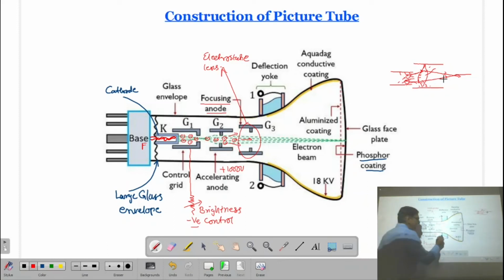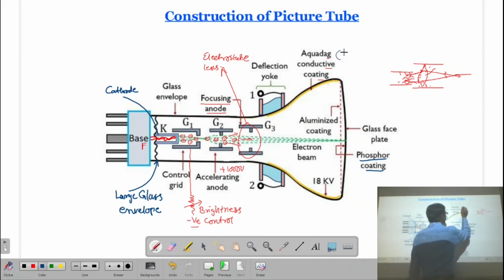Once a sharp electron beam is generated, then on the picture tube, you can see there is a coating. It is an aquadag conductive coating, and this is known as the final anode. To this final anode, we apply 18,000 volts.